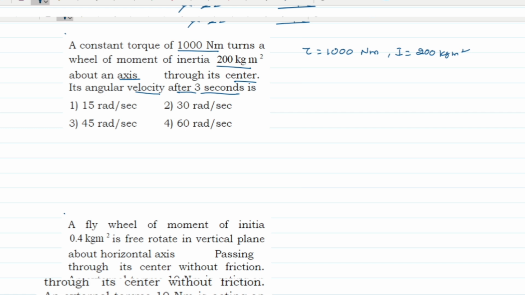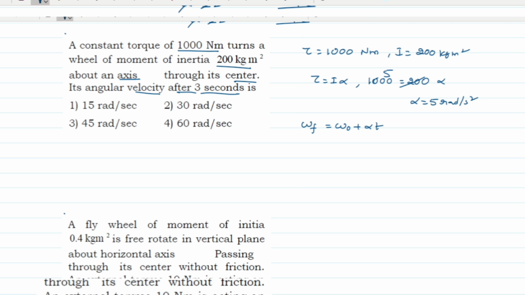Here tau equals, students, I alpha. Torque is given as 1000, I value is given as 200 into alpha value. So 200 5 times it goes, alpha equals 5 radian per second square. So here you can calculate omega final, which will be omega initial plus alpha into t.